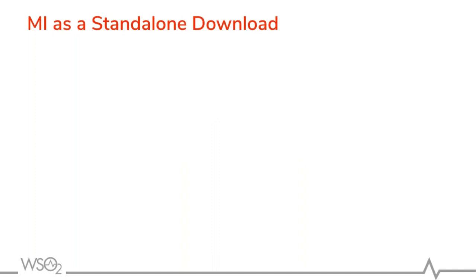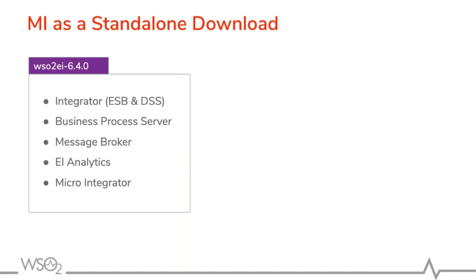One of the significant changes that we have done with the distribution of micro integrator is this. If you have worked with the micro integrator profile that was introduced in WSO2 EI 6.4.0, it was provided as a runtime, available alongside all the other runtimes that were there in the previous EI versions.